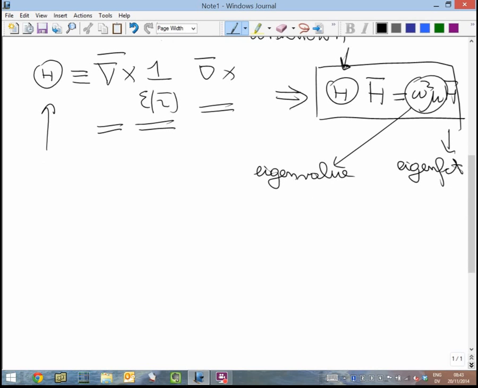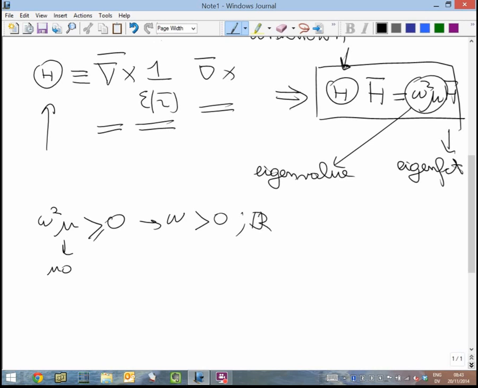So we have an eigenvalue problem with an eigenvalue omega squared mu. It would be really nice if we could mathematically prove that, let's say mu is equal to mu 0, omega squared mu 0 is a positive number, because that would result in omega itself being a real positive number, right?